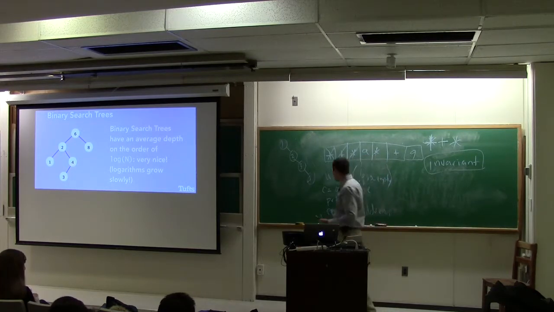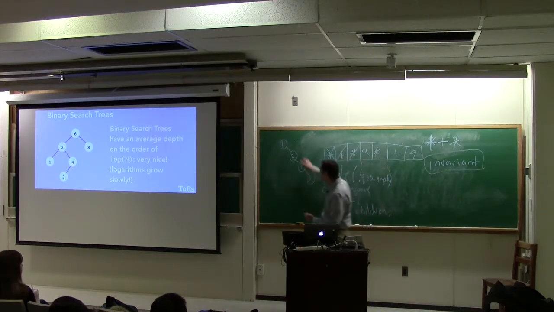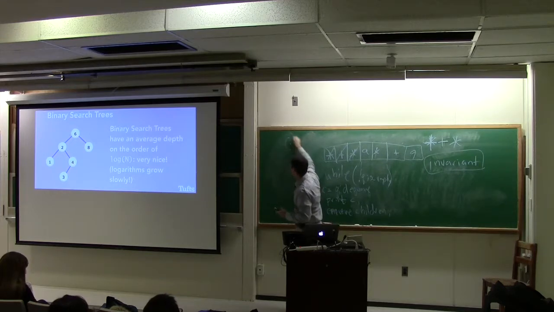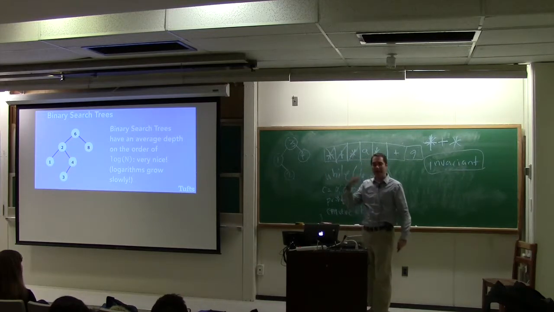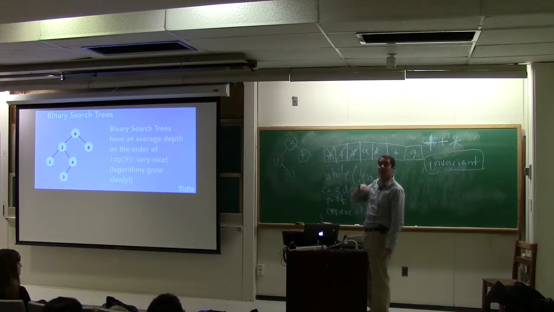If we had done it a little smarter and not put 1 in first, but put 3 in first, and then 1, 1 would go over here. Where would 2 go? To the right of 1. And then 4 would go to the right of 3. So it's a little more balanced that way. Next week, we will talk about how to make more or less balanced trees.